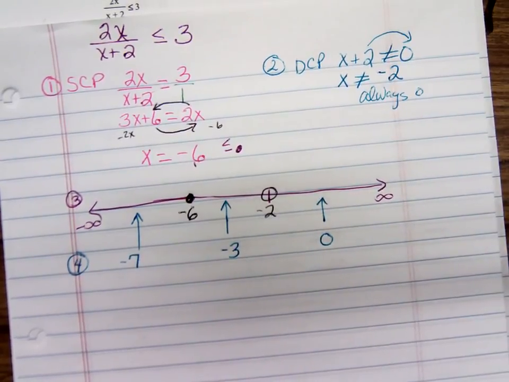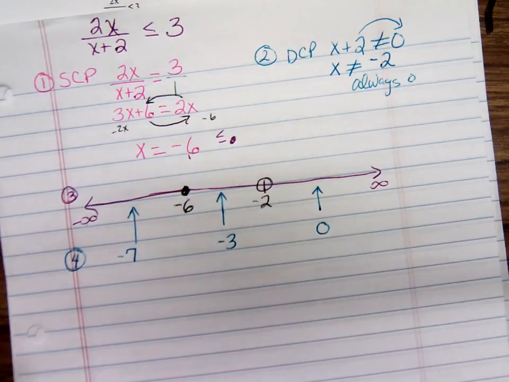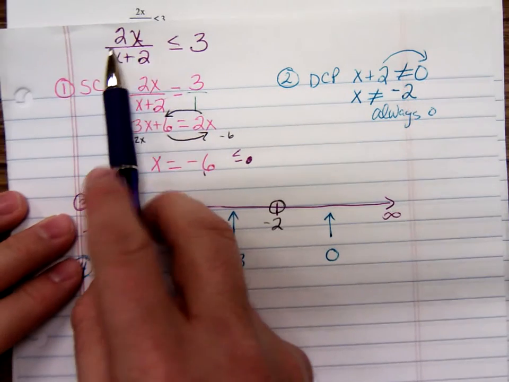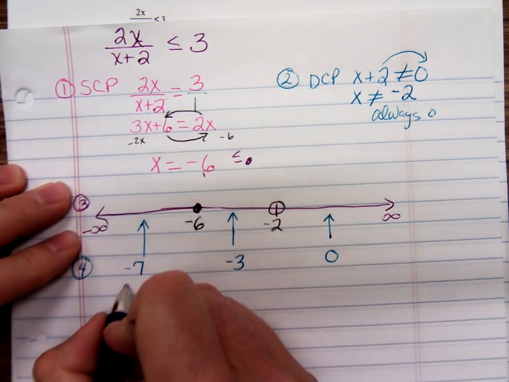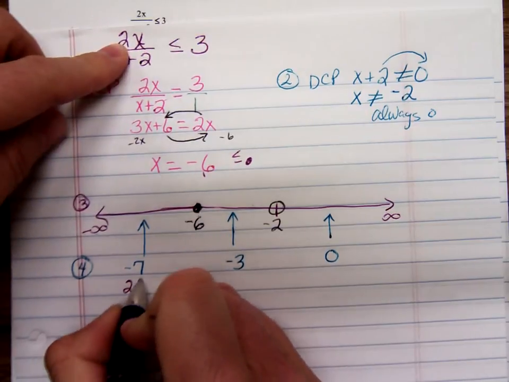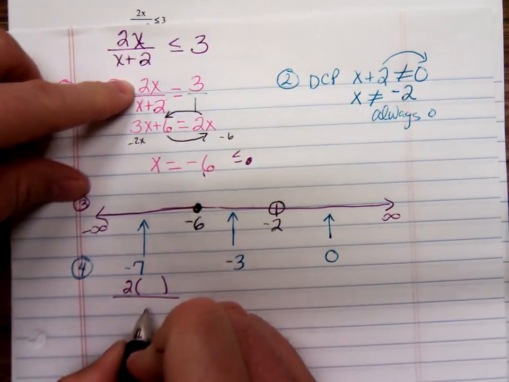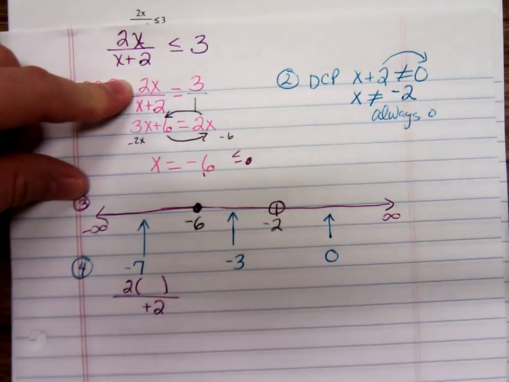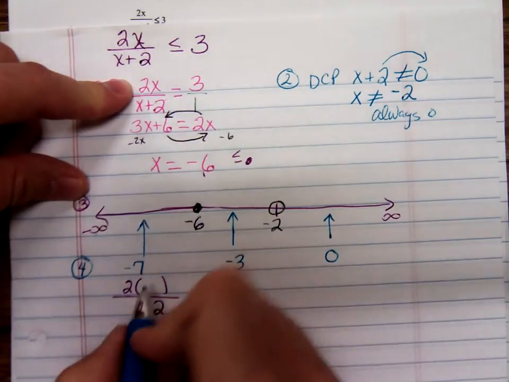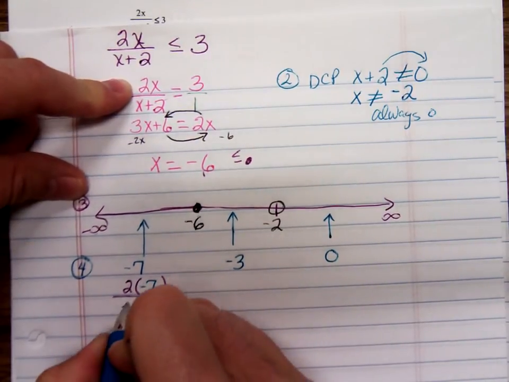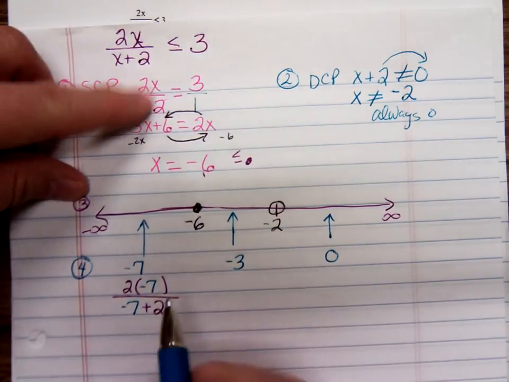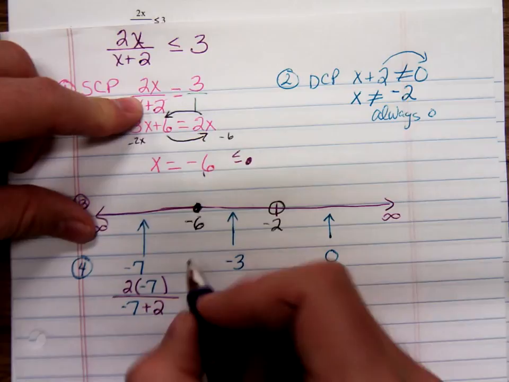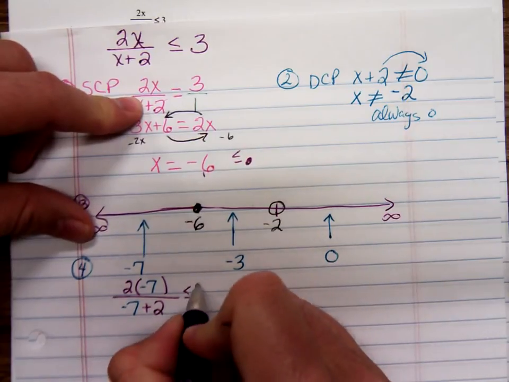And when I say test it, I mean you go back up here to the original problem, and in place of that purple x, I'm going to put that -7. 2 times -7 over -7 plus 2 is less than or equal to 3.